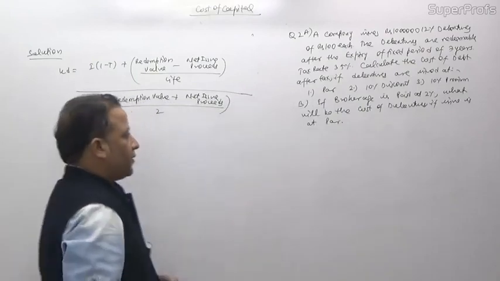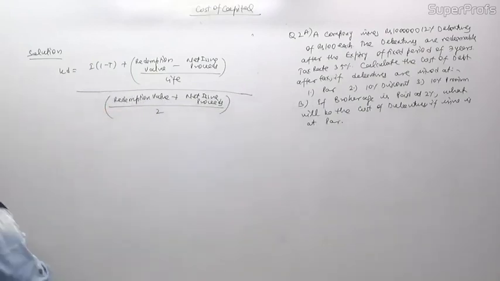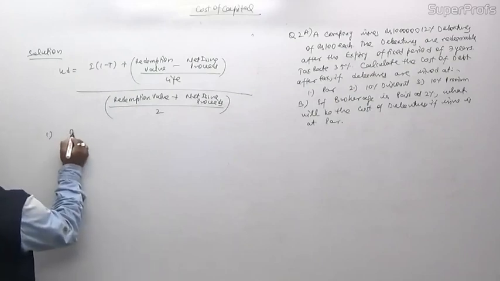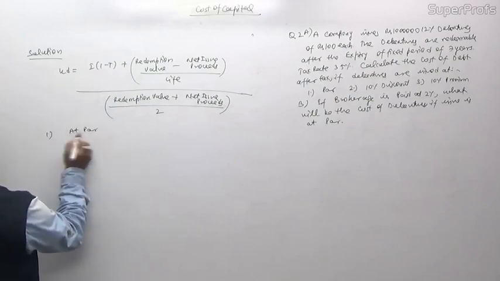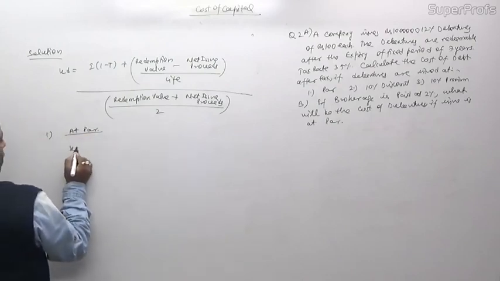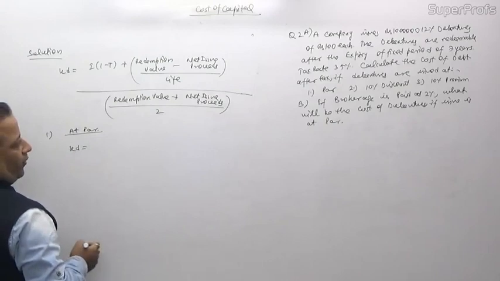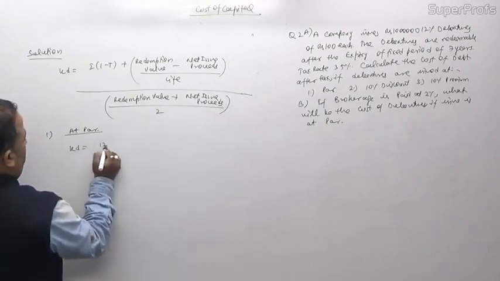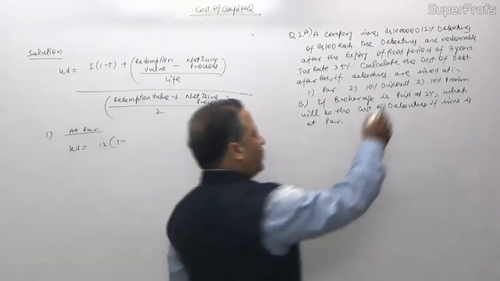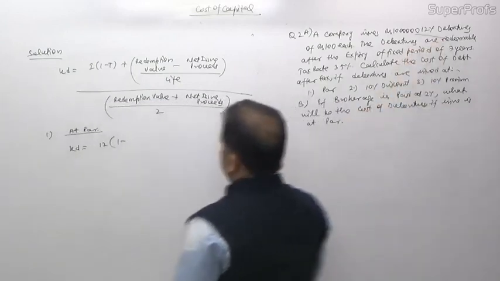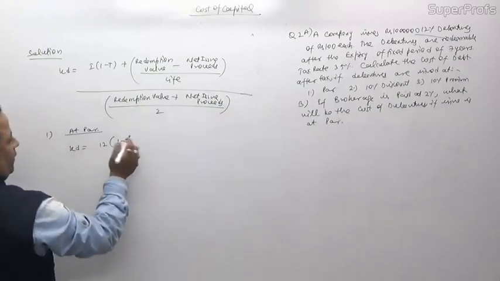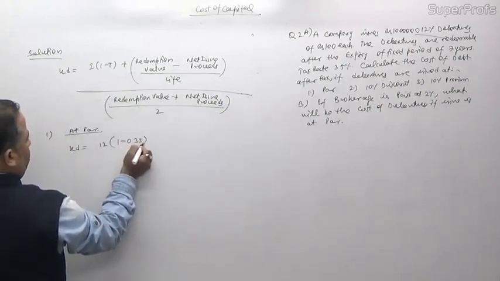So in the first case, the debentures are issued at par. The cost of debt: I stands for interest rate. The interest rate is 12%, 12% debentures. 1 minus tax rate, the tax rate is 35%.